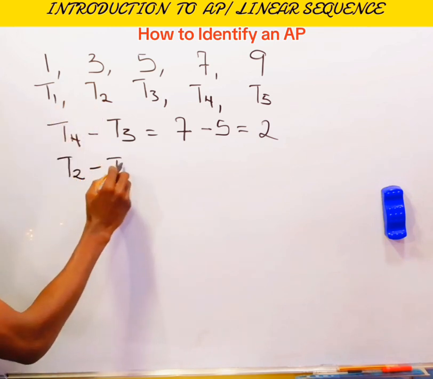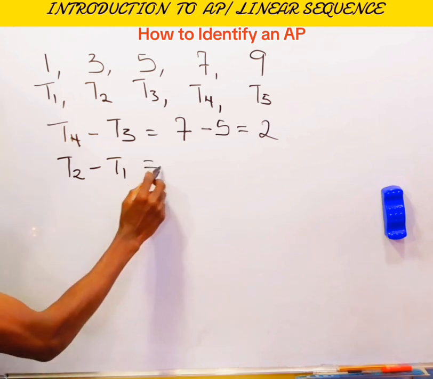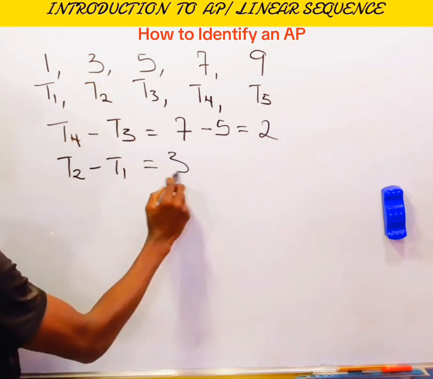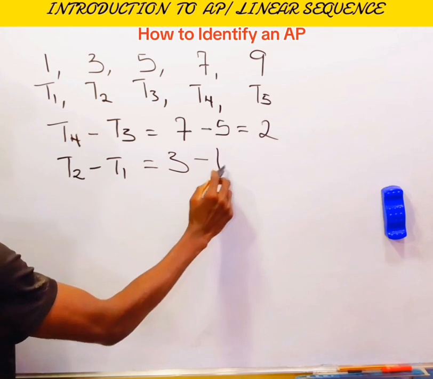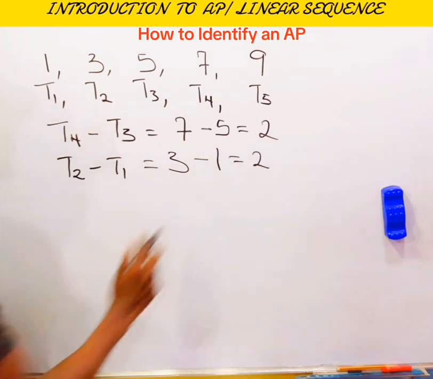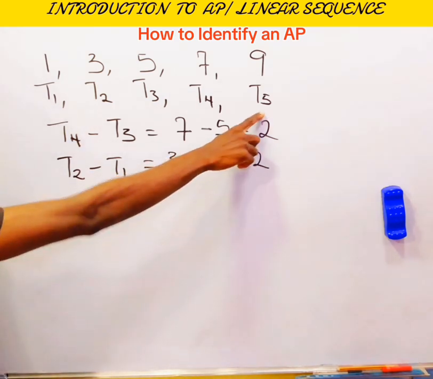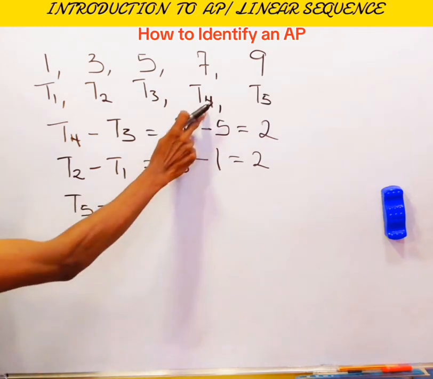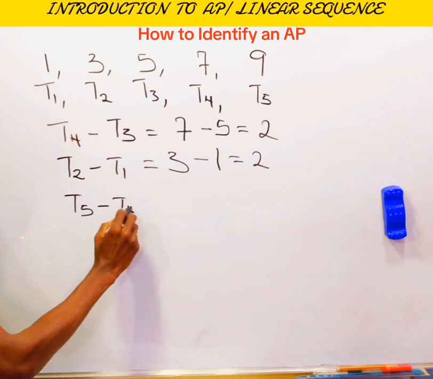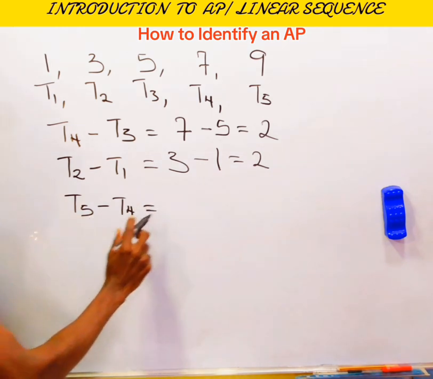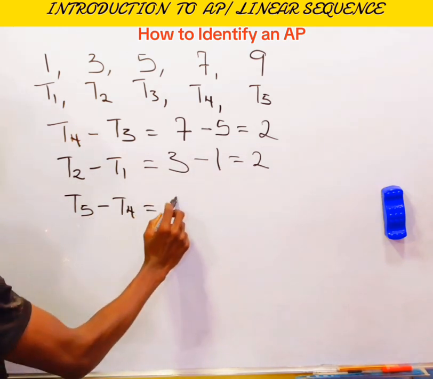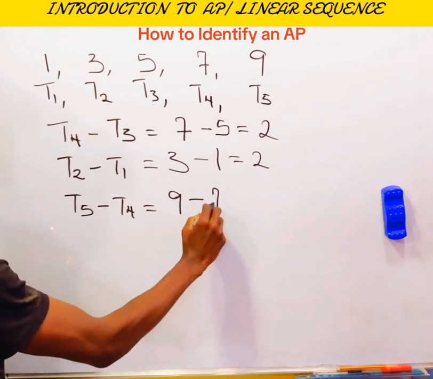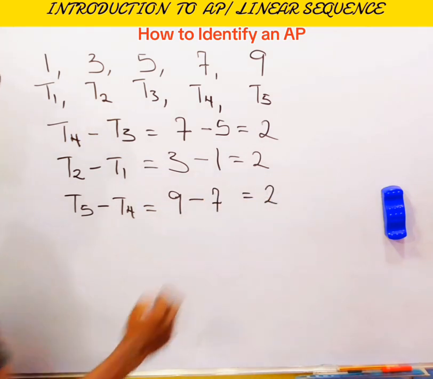T2 minus T1: T2 is 3, T1 is 1, and the value is 2. Now let's pick the fifth term: T5 minus T4, which is 9 minus 7, and the result is also 2.